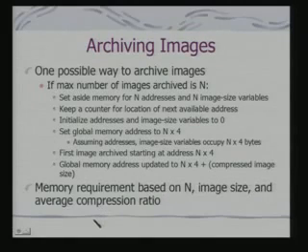That would give you the number of bytes required for storing an image on an average. So you initialize addresses and image size variables. These are the basic algorithm steps which will be involved. Assuming addresses and image size variables occupy n into 4 bytes, allocating 4 bytes, the first image is archived starting at address n into 4, and subsequent ones will be at the offset of compressed image size.